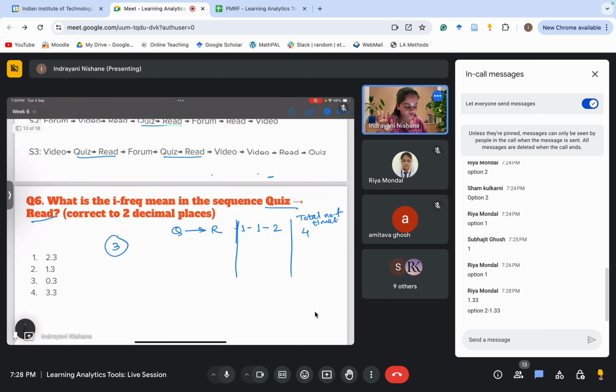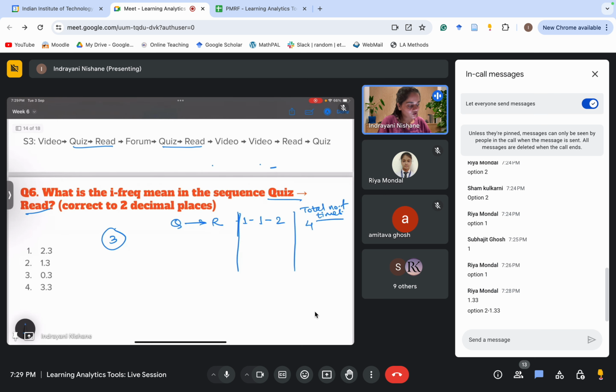What is the total number of times this sequence has occurred? 4. So that means I frequency would be the total number of times it has occurred divided by the number of students, which is 1.33. Option 2.